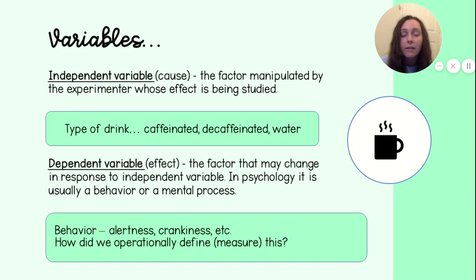So if you were answering an FRQ about this and it asked, what's the independent variable? You would say type of drink. And if it said, what's the dependent variable? You would say behavior. And then you would apply it back to your specific experiment in that you could say caffeine, happiness, alertness, all of that stuff.